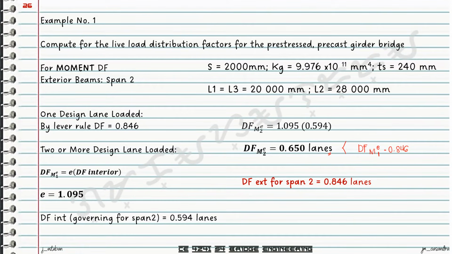So therefore, the distribution factor now for the exterior beam at span 2 will be 0.846.